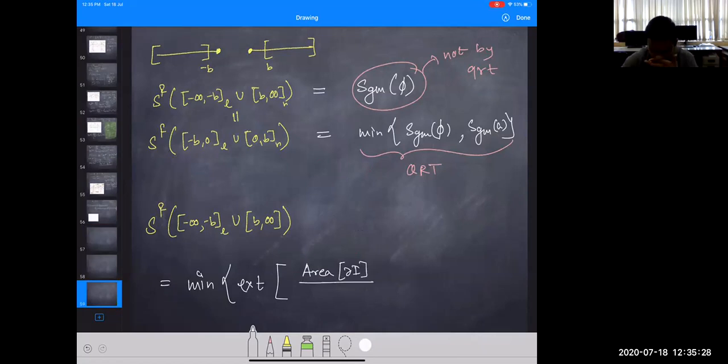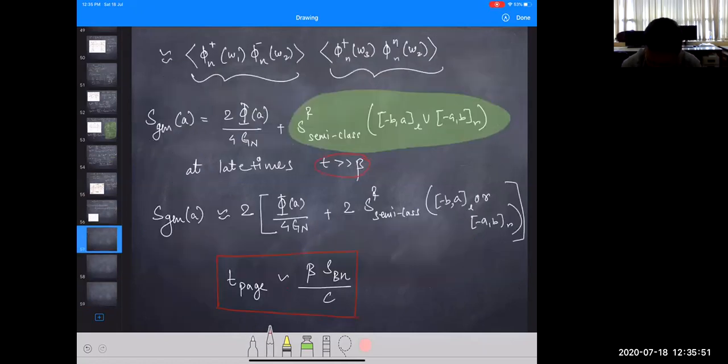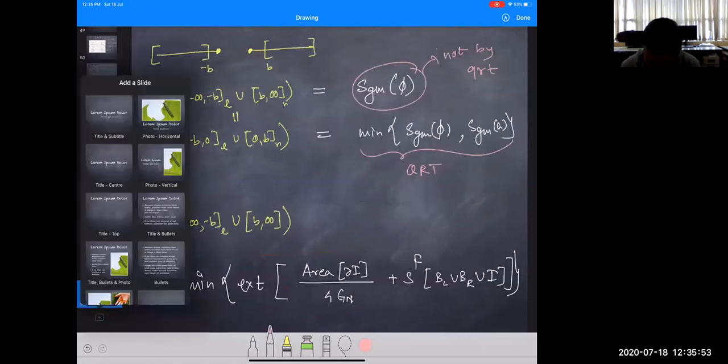Now, this area is what we called the dilaton in our example, plus the fine-grained entropy of BL union BR union island. Now why? Maybe I should put another diagram.